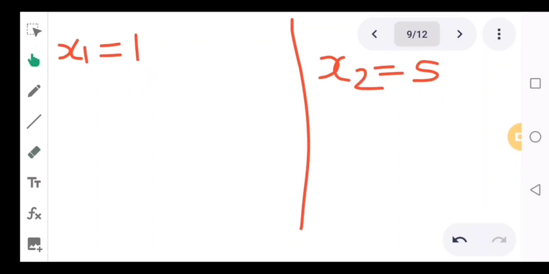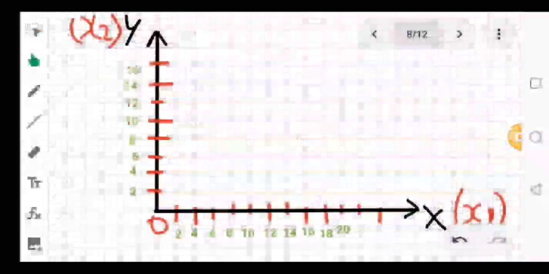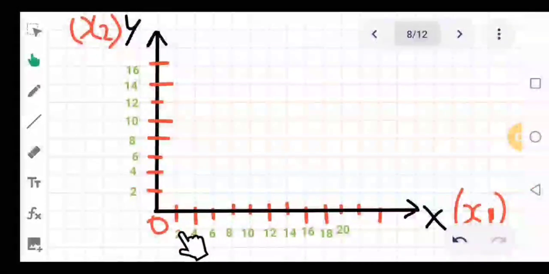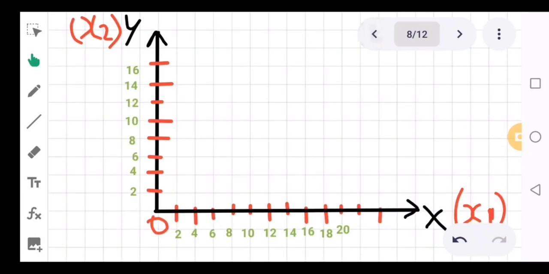Now let us plot x1 is equal to 1 first, because this is the easiest. x1 is your x-axis, and this is your 1. The graph is ready. Here x1 is equal to 1, which lies between 0 and 2, that is, the center point.